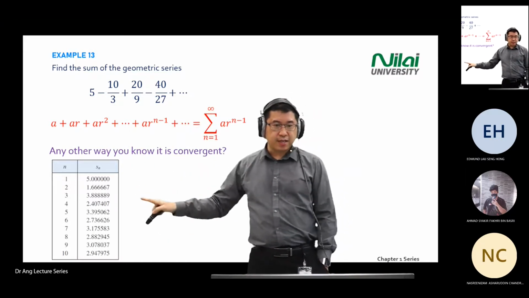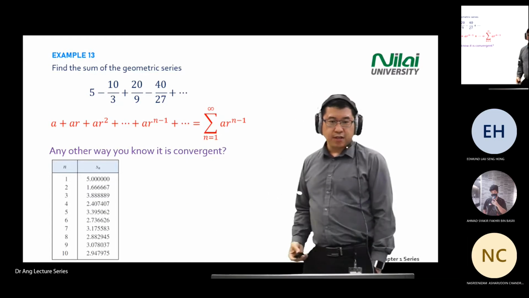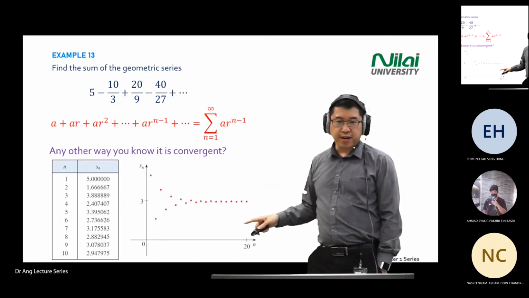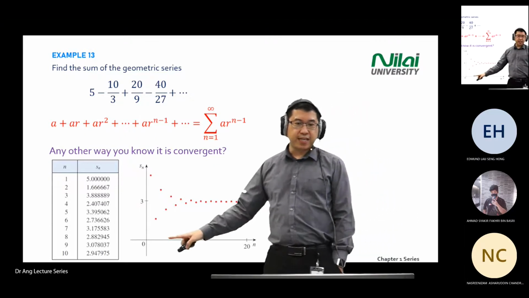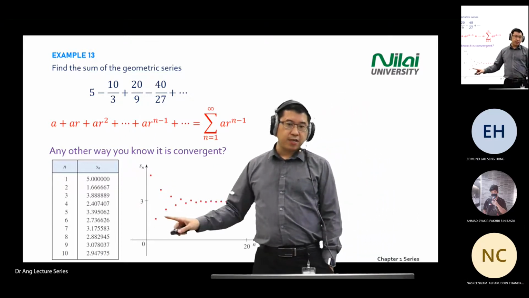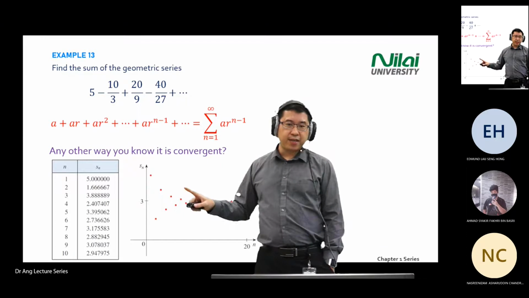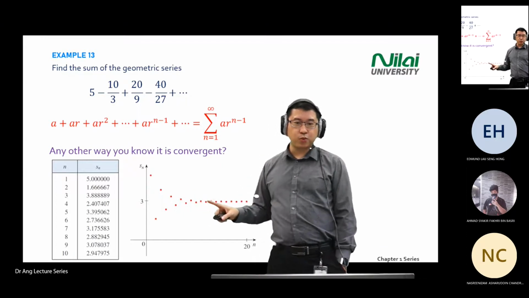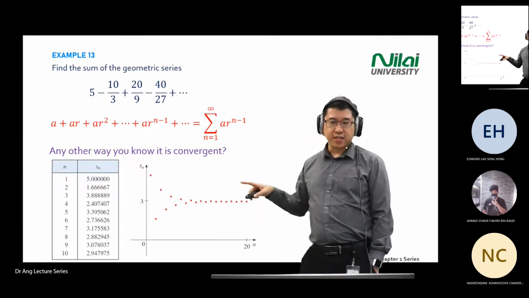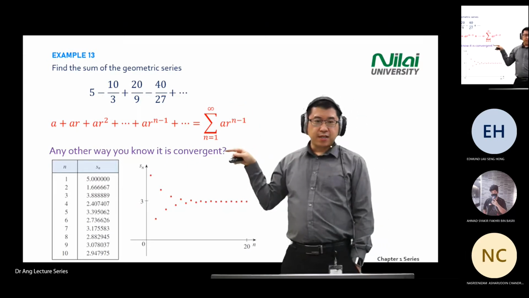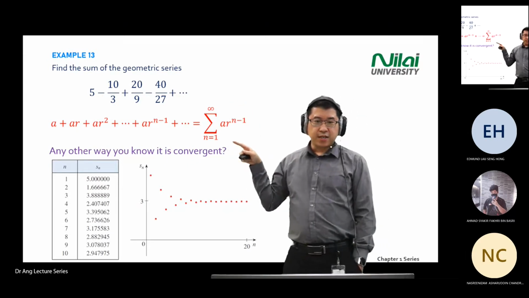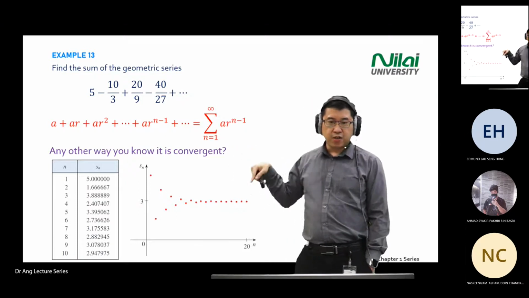If you plot it in a graph, this is the pattern you will get. You will see that the numbers get nearer and nearer to 3. That's why we can say this geometric series is convergent.